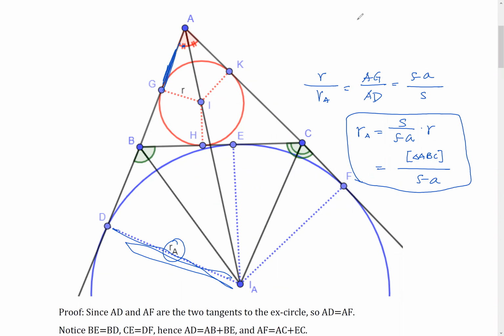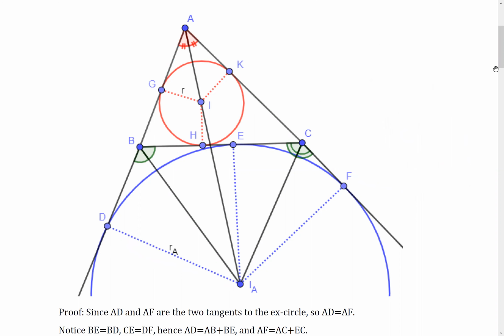All right. Now there's another fun fact. I just drew an excircle with the excenter facing vertex A. Well, then you start to think, what about B? Do I have an IB?